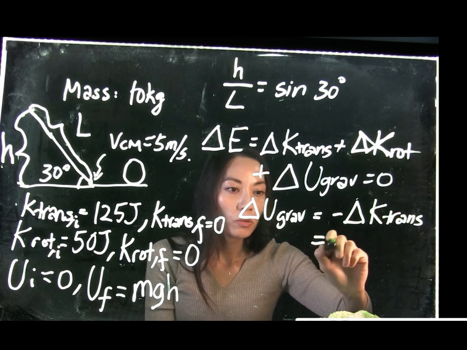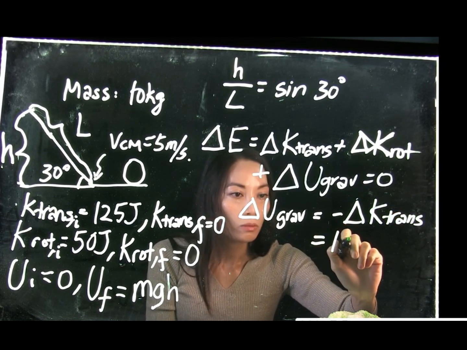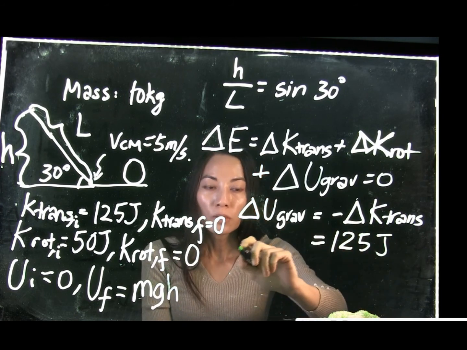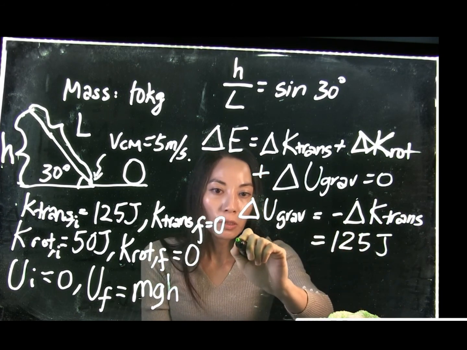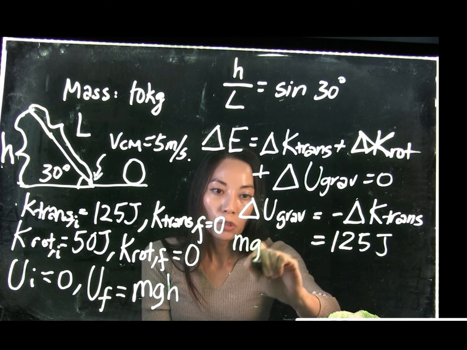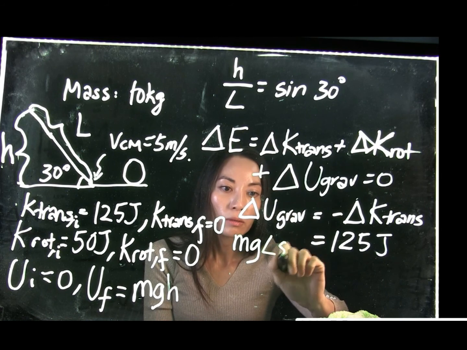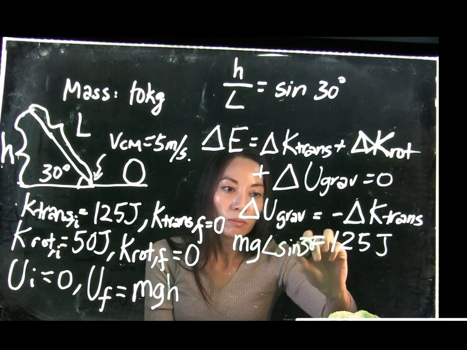And therefore the change in the gravitational potential energy is the negative of the change of the translational kinetic energy, and that's equal to 125 joules. As before, the change in gravitational potential energy is m times g times the height above the surface, and that's L sine 30.